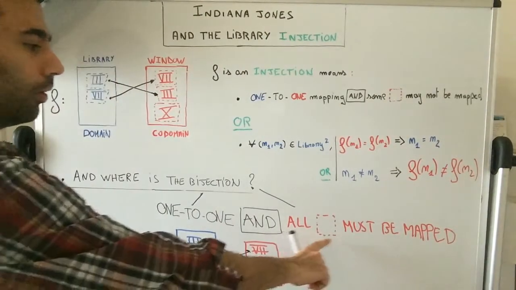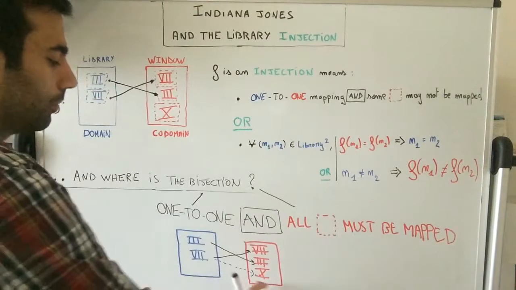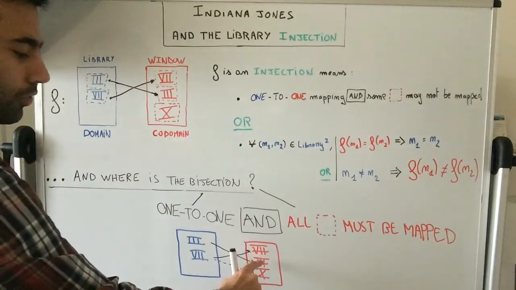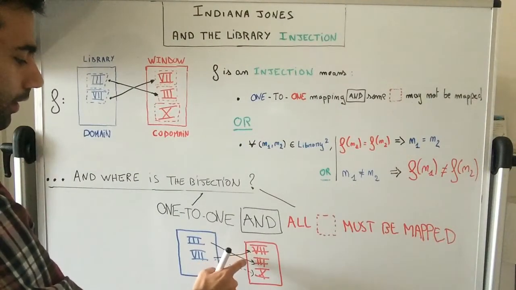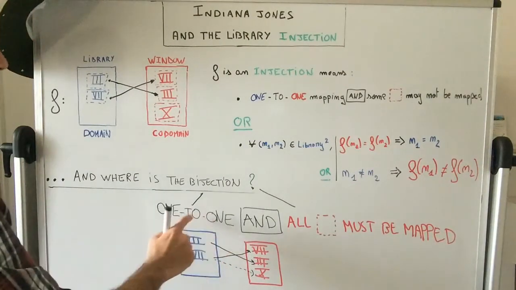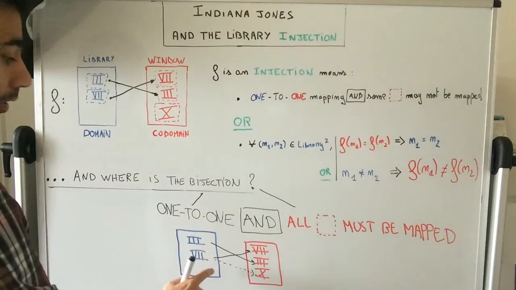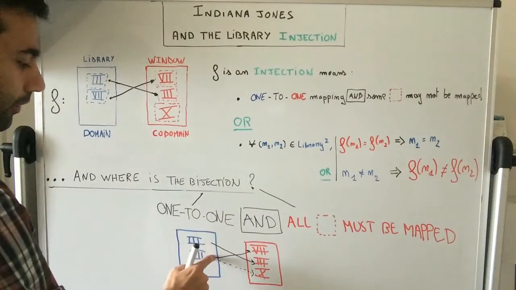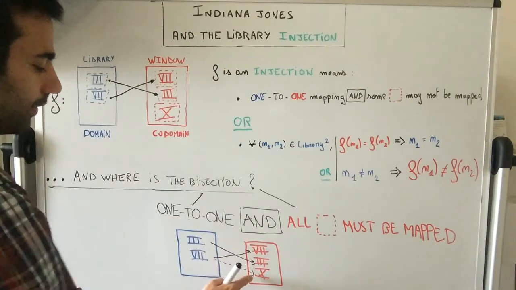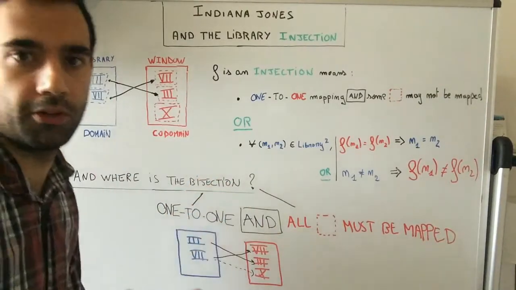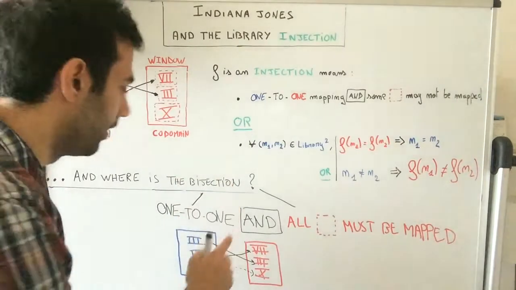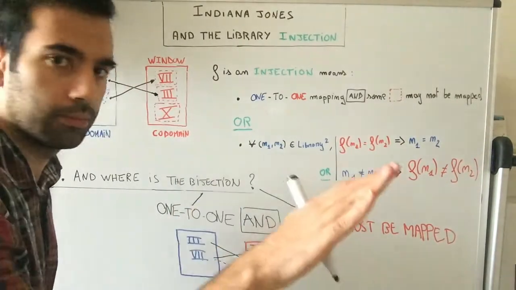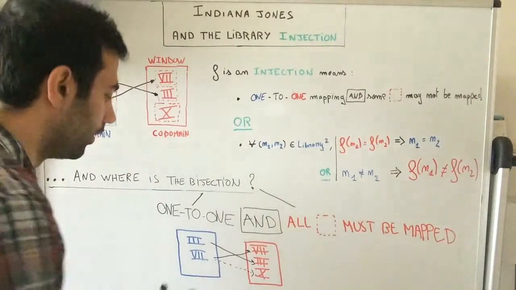And in that case, all elements from the codomain are mapped. So 7, 3, and 10, they're mapped. There is a link, and another link. But it's not a one-to-one relationship because you have this and that. And not only is it not a one-to-one relationship, but it's not a function anymore because you cannot have one element from the domain mapped twice. Not a function. So it doesn't work.